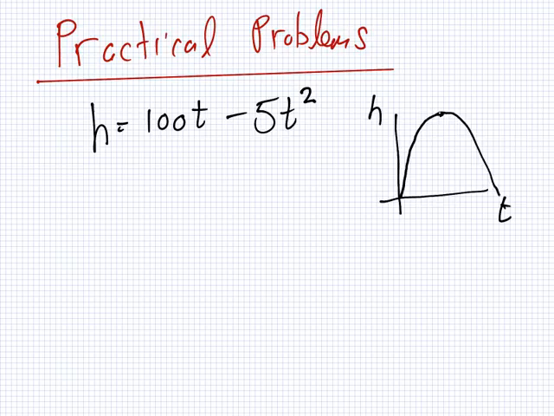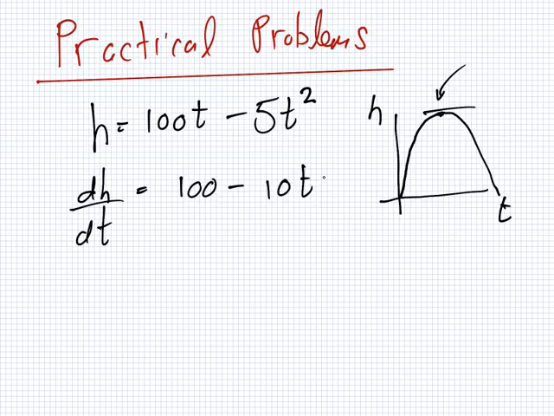So we're looking for this maximum here. What's special about this maximum? The derivative is 0. Now it's not dy/dx though. What will it be? dh/dt. And that will be what exactly here? 100 minus 10t. And we want this to equal 0. So t equals 10.